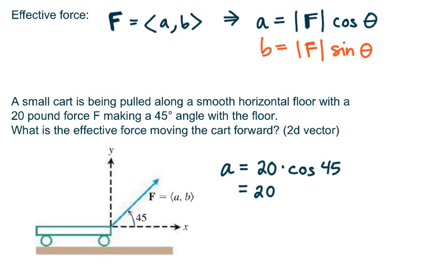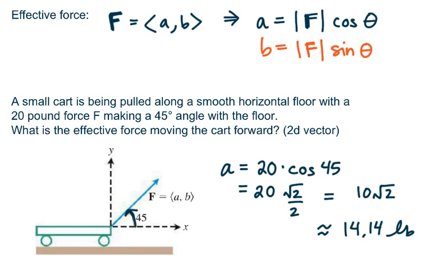We know that cosine of 45 is root 2 over 2, so this simplifies to 10 root 2, or approximately 14.14 pounds, right? So even though we are applying 20 pounds of force, we're not applying it in essentially the most effective manner to pull it directly forward. We're pulling it at this angle, which causes it to be less than that 20 pounds.